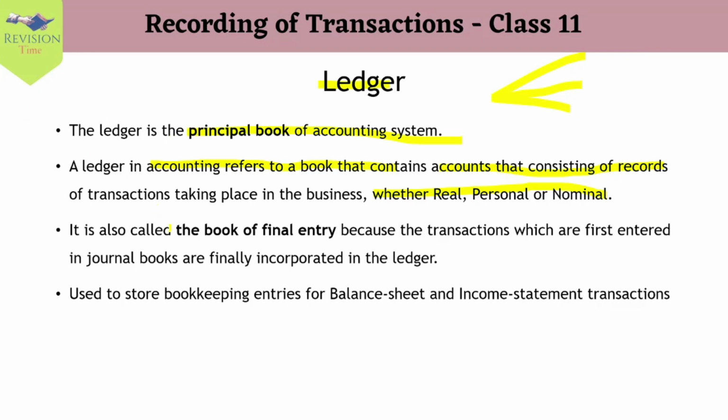It is called a book of final entry because the transactions which are recorded in the journal are finally incorporated in the ledger. First we record it in the journal, and the ledger book is the book of final entry, because the next step is posting them in the ledger, used to store bookkeeping entries for balance sheet and income statement transactions.